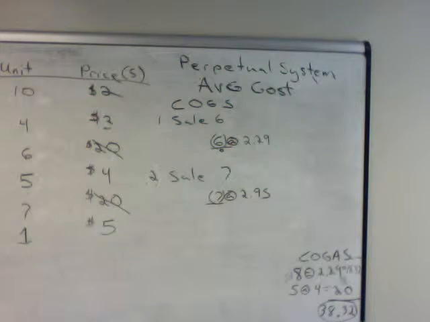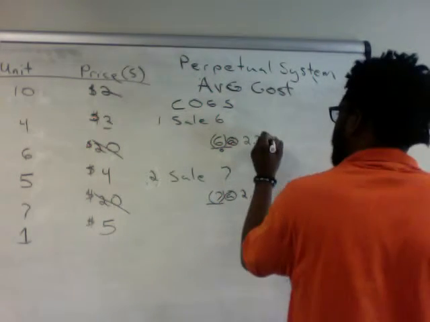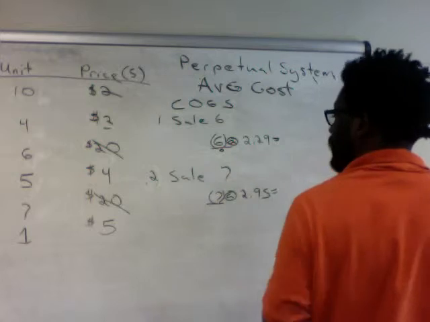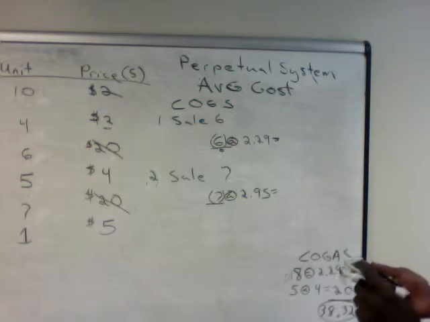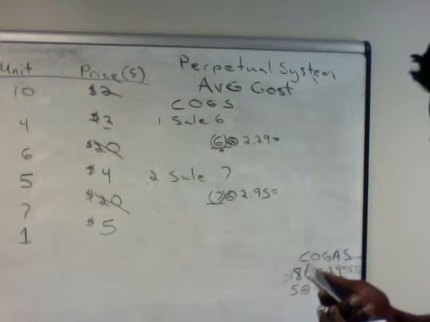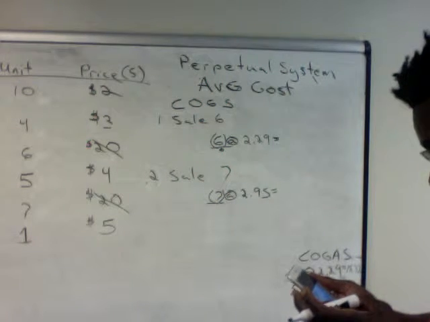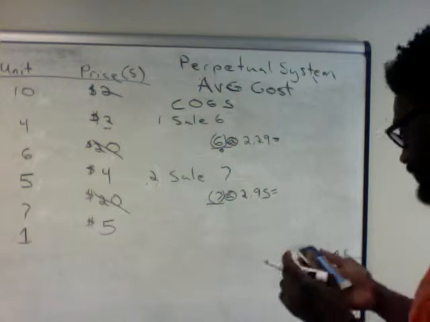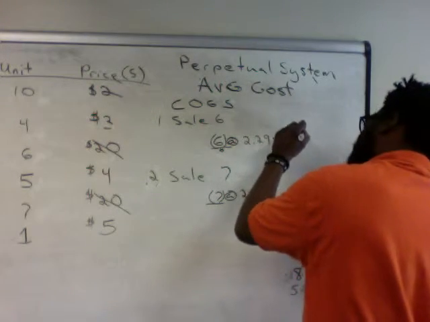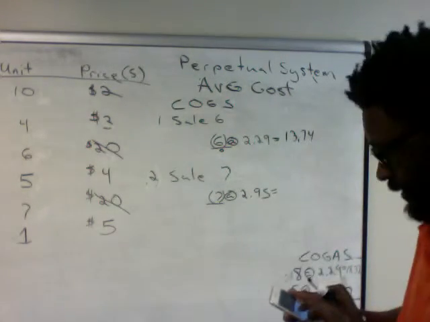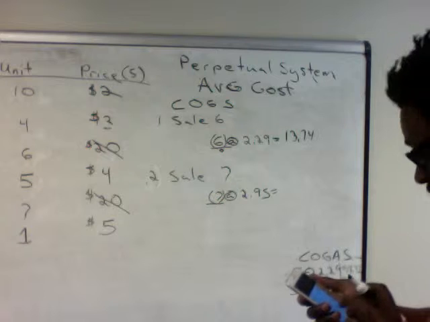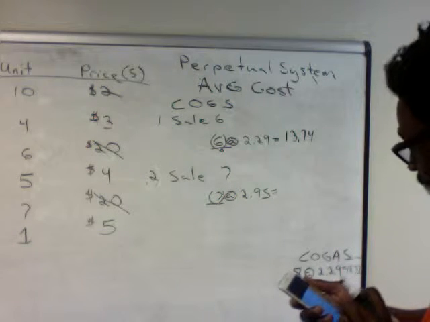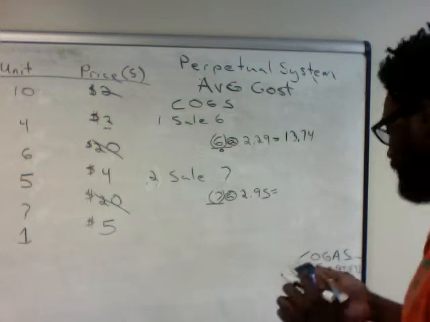So now I could calculate my total sales, right? The cost of my total sales. So I have $2.29 times 6 units, $13.74, and I have 7 times $2.95.